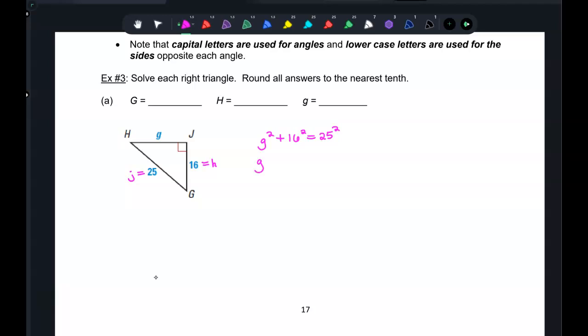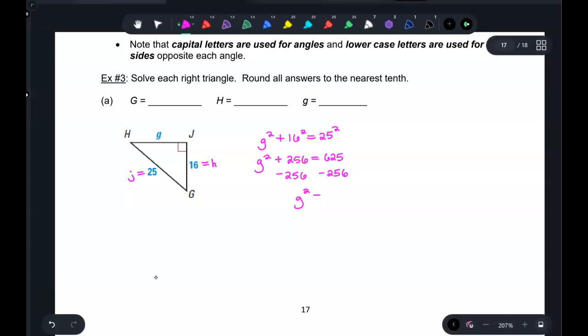g squared plus 16 squared, that'll be 256. 25 squared is 625. Now we're going to subtract 256. What did it come out to? 369.